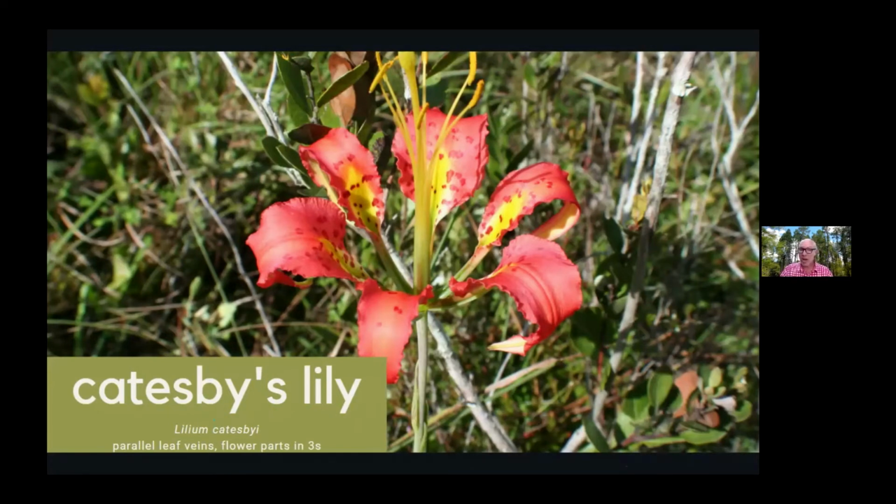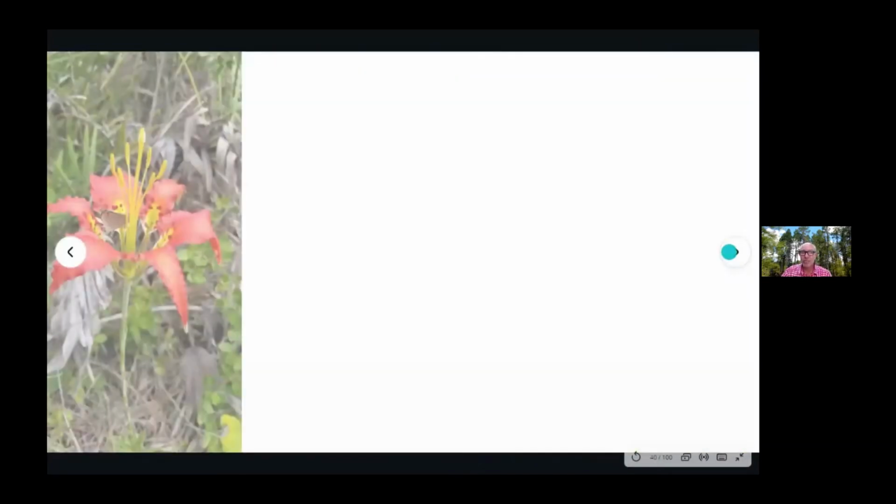And it ticks all the boxes of being a proper monocot with its 6 petals, 6 stamens. The receptive structure that receives the pollen has 3 lobes. If you were to slice through the seed pod, it would be divided into 3 separate chambers. So everything about this is in threes with the parallel leaf veins.